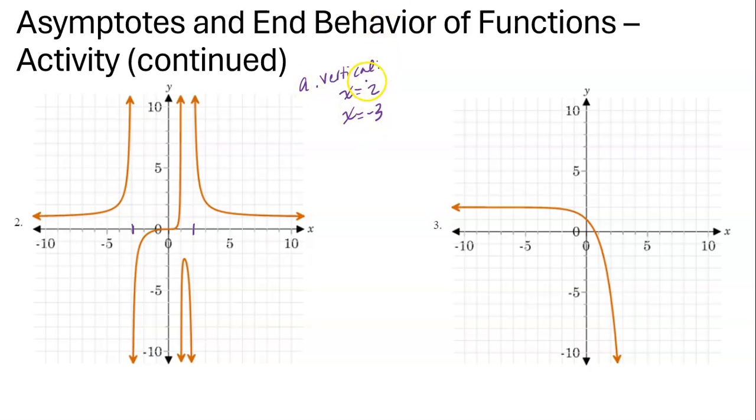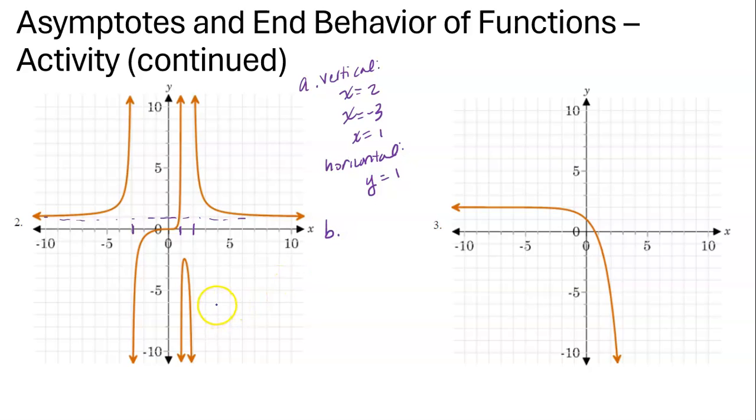And then it looks like we have one here, because this doesn't cross and that doesn't cross, so that's x equals 1. We do have a horizontal asymptote right here. So that's y is equal to 1.